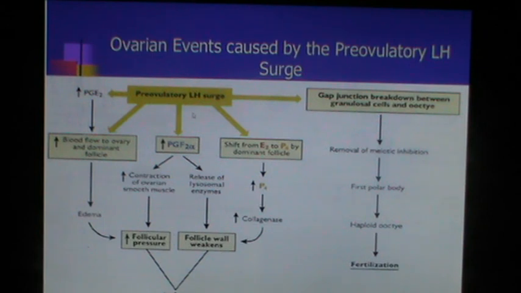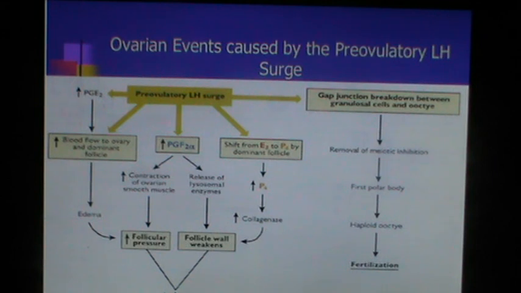The pre-ovulatory LH surge also results in gap junction breakdown between the granulosa cells and the oocyte, removal of the meiotic inhibition and release of the first polar body. Now the oocyte is ready, and collectively this results in ovulation.